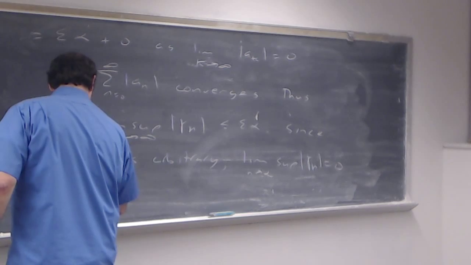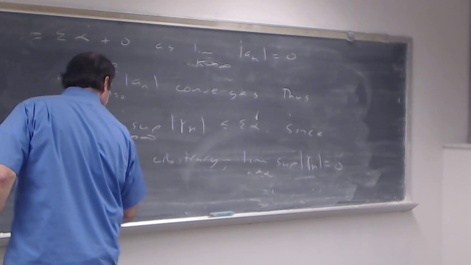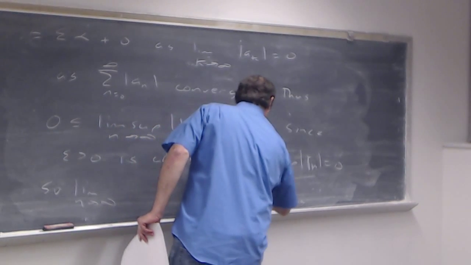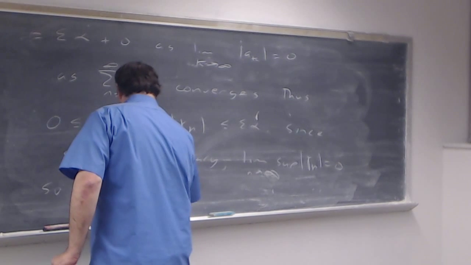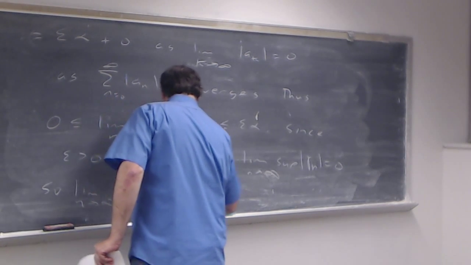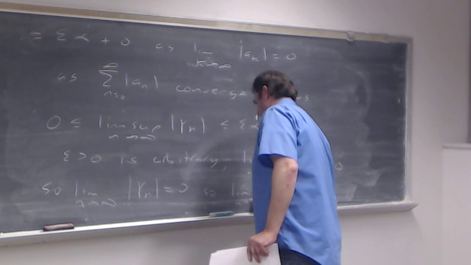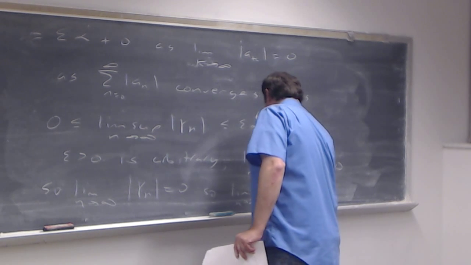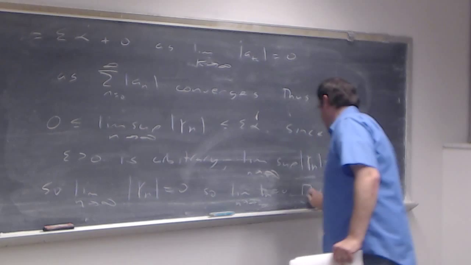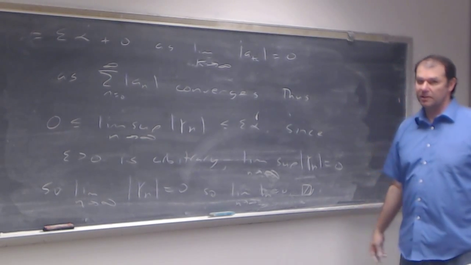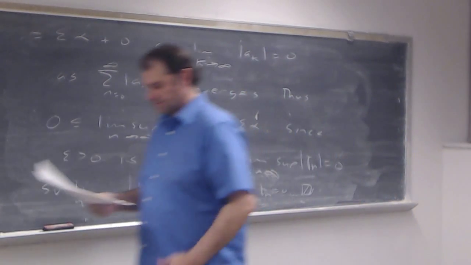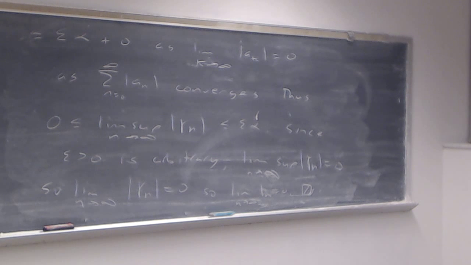That means that the limit as n goes to infinity of the absolute value of gamma sub n equals 0. And so that says that the limit as n goes to infinity of gamma sub n equals 0. And that's what we needed to show in that conclusion. I'm sorry for so long. Thank you very much for your time and patience.